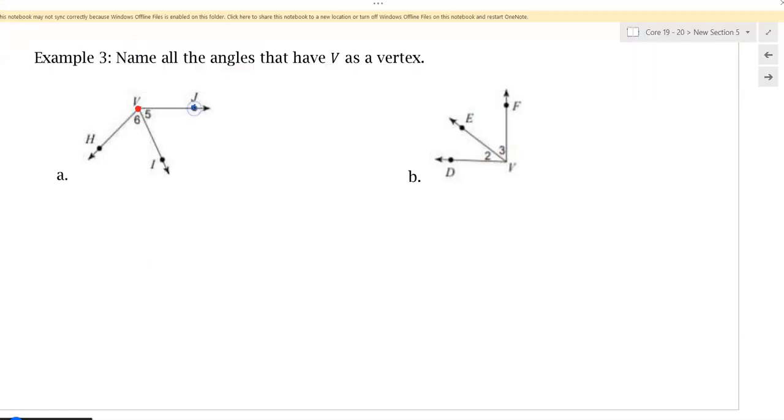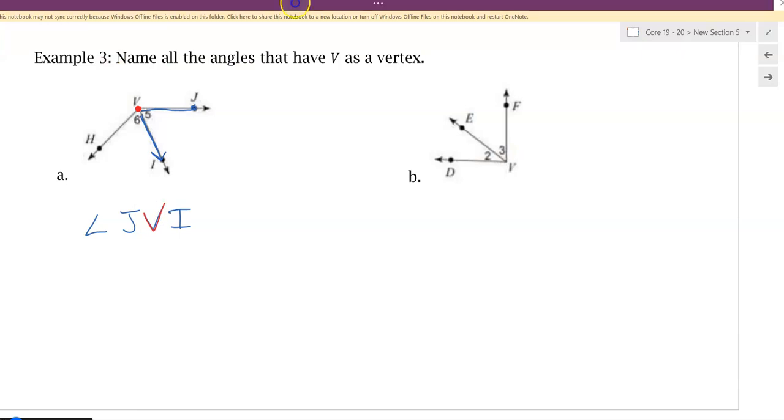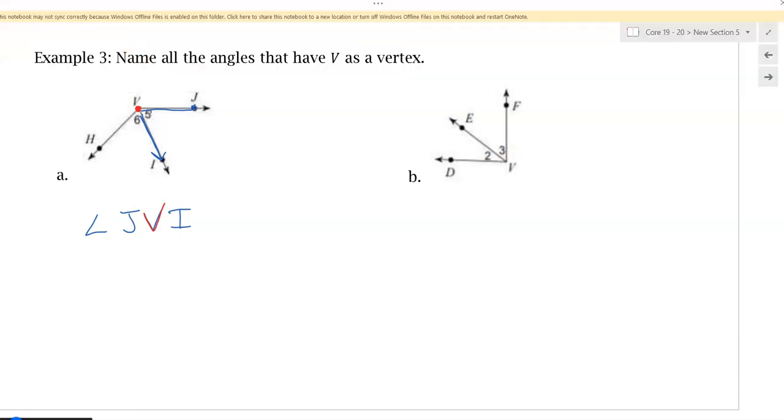So if I start at J to V, and then go to I. That was this angle here, right? I only rotated that far.